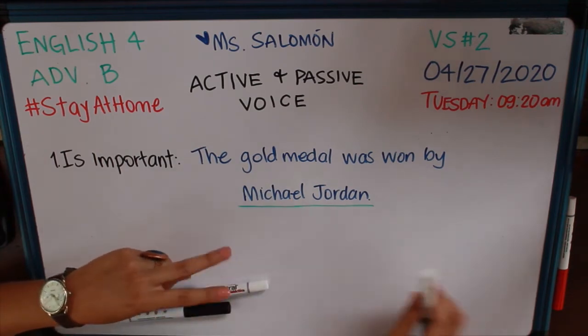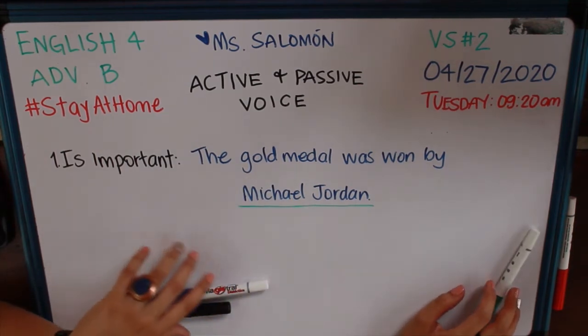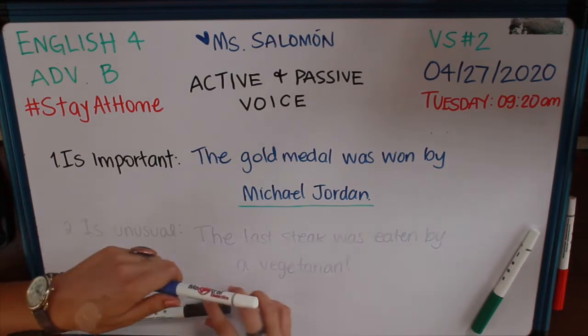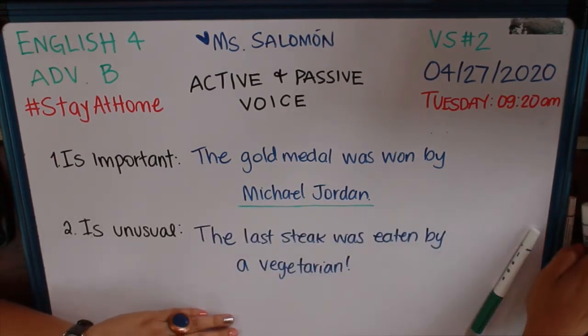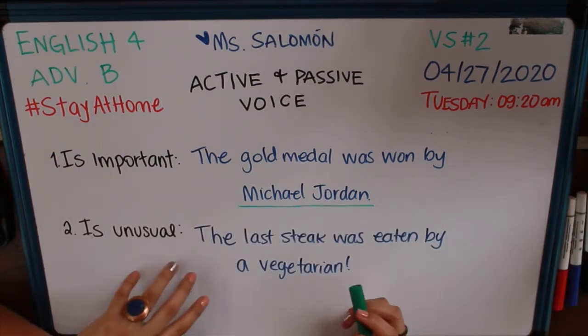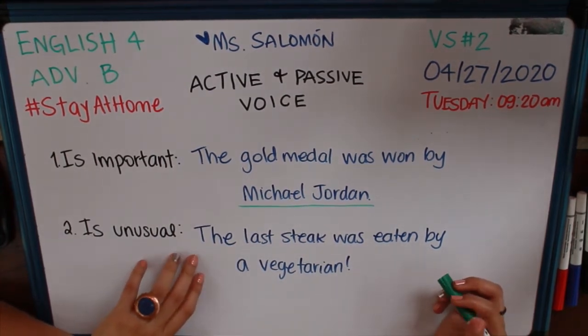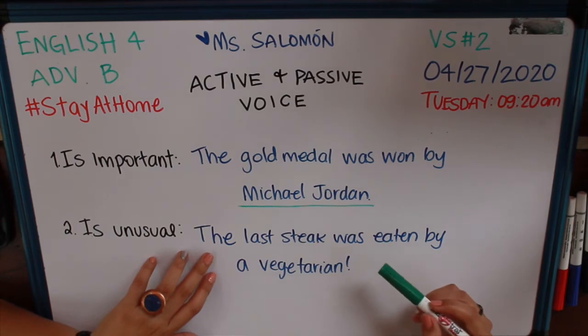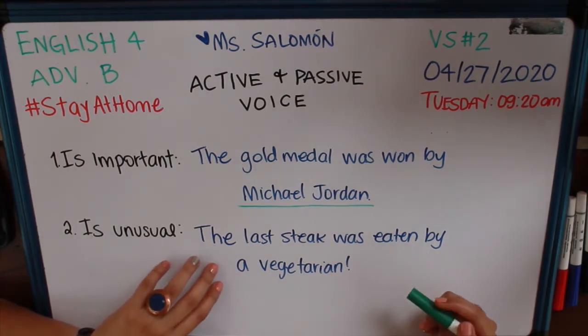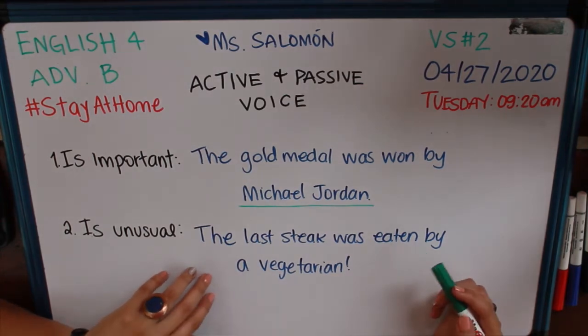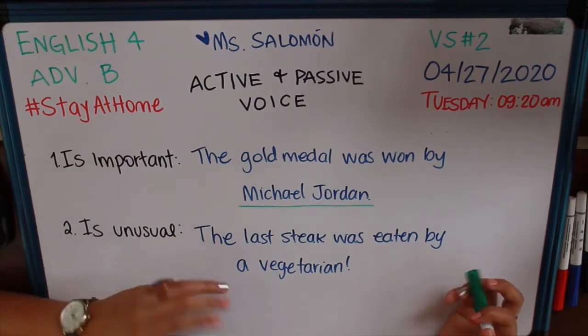Let's take a look at the second reason why we would use passive voice to emphasize the agent. In this example, we are using the passive voice to emphasize that the agent of the action is unusual. If we read the sentence, it says, "The last steak was eaten by a vegetarian." So, in this sentence, it's also using the passive voice.